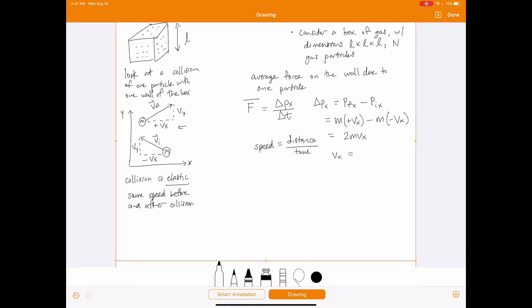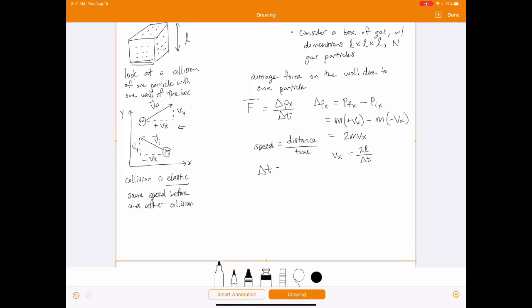So a particle comes in, it hits a wall over here, and then it has to travel all the way across the box, and then it has to come back before it hits that same wall again. So in other words, it has to travel twice the length of the box before it hits that same wall again. So we'll say that the distance will be 2L, and the time we'll just call it delta t. Okay, so 2L again is the distance between collisions with that same wall of the container.